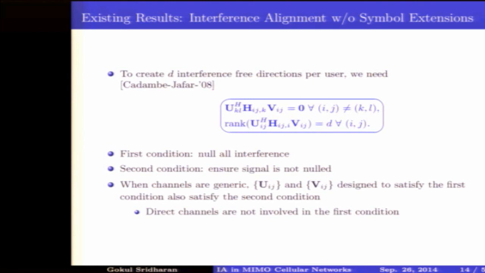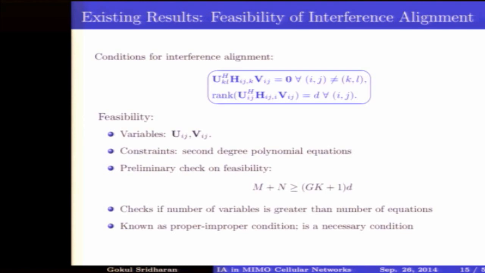It so turns out that you really only need to focus on the first set of equations and not really on the second, basically because we assume channels to be generic, and because of that you can argue that the second condition is almost always satisfied and something that you don't really have to worry about. So if you were to just focus on the first set of equations, what you really have are second degree polynomial equations.